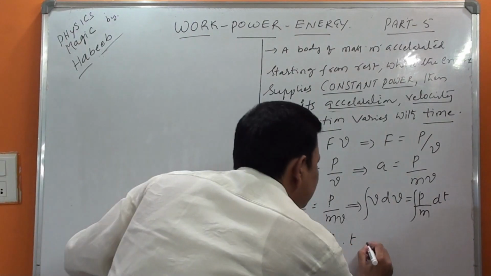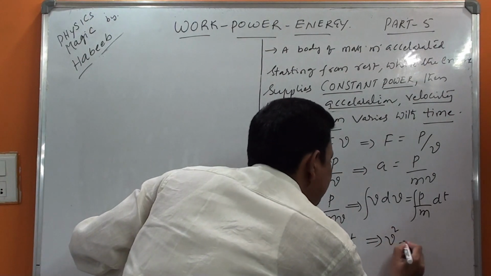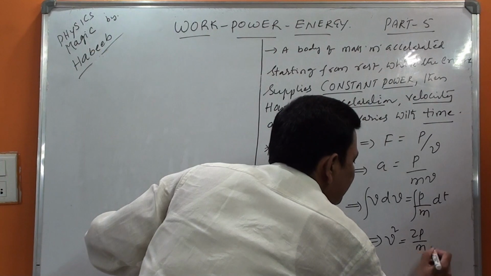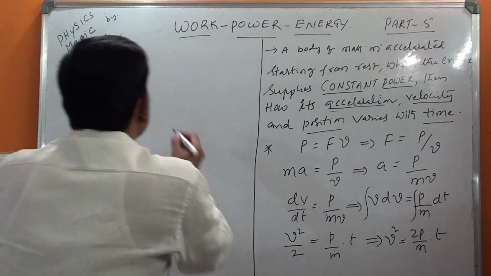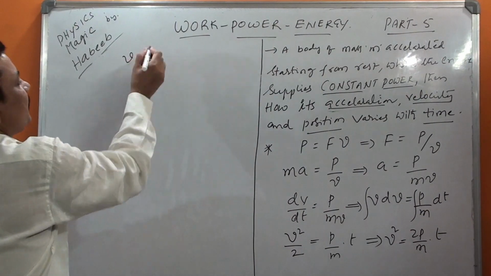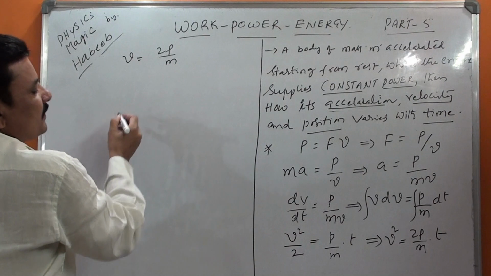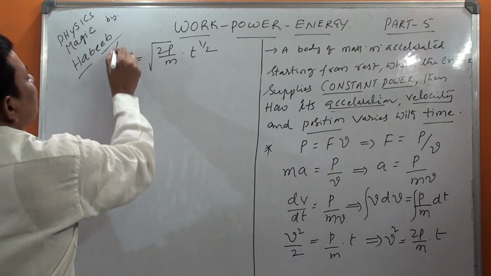We got the relation. Therefore V square is equal to 2P by M into T. That gives V is equal to under root of 2P by M, T power half.